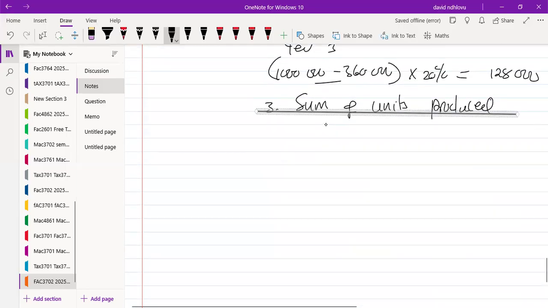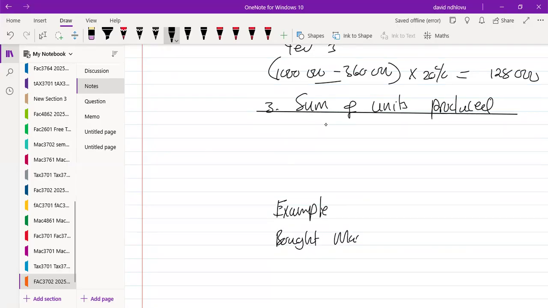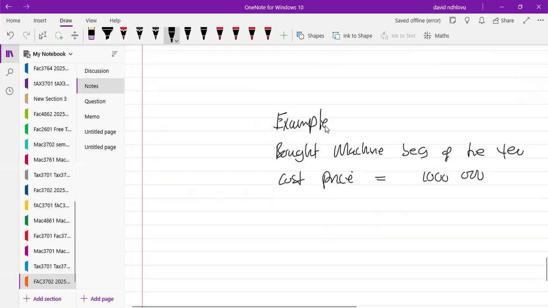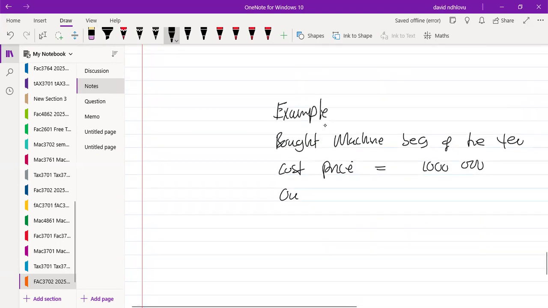So let's see, I'll give an example here. Let's say you bought a machine, at the beginning of the year. Let's say your cost price is equal to 1 million. And this machine is expected to give us an output in total of 100,000 units.